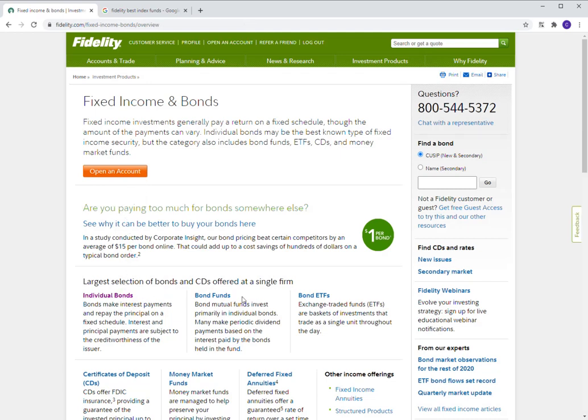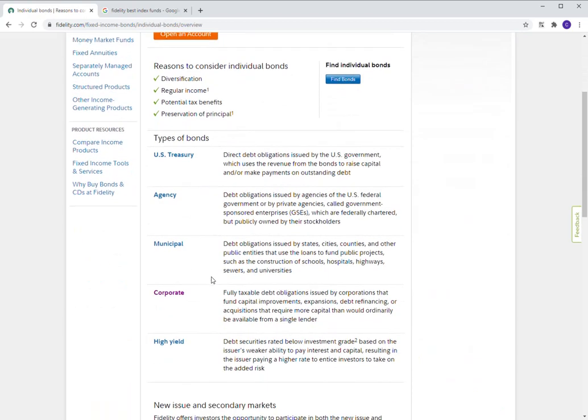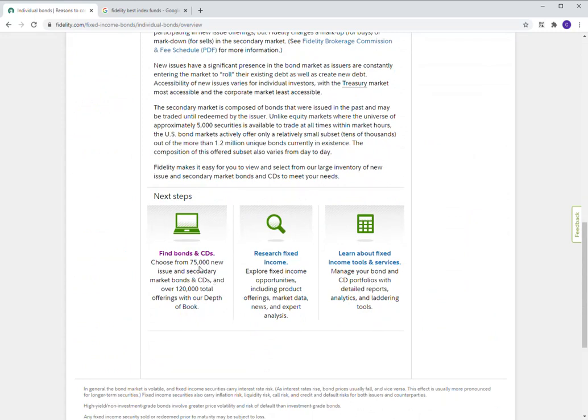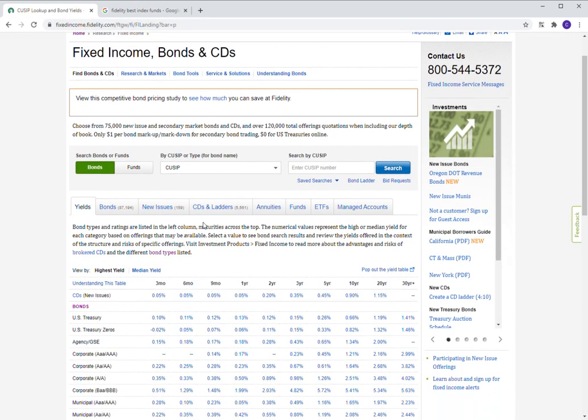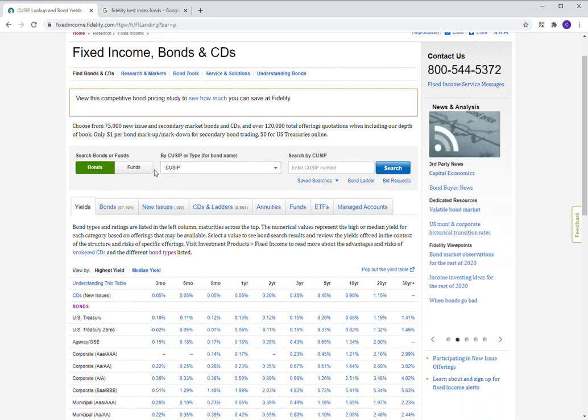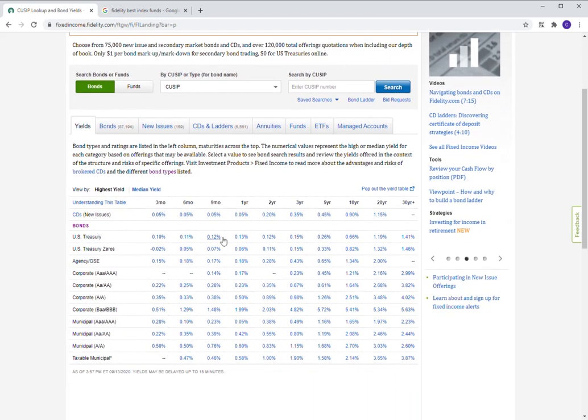We can see right here individual bonds, bond funds, and bond ETFs. Let's click individual bonds, then scroll down to the bottom where it says next steps, and you'll see find bonds and CDs. We'll give a click, and here we are. Finally, we've made it to the fixed income bonds and CDs page.